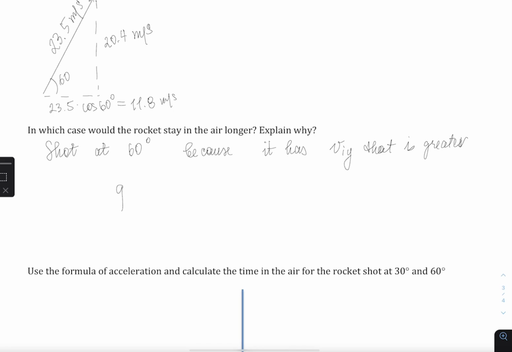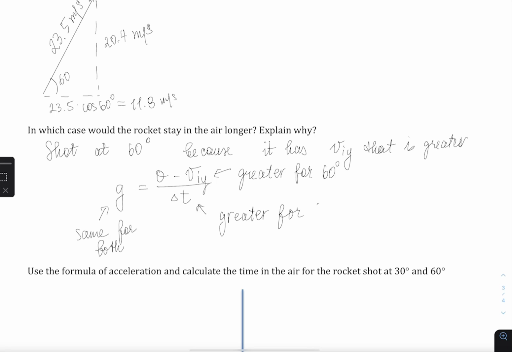And then you can say g equals 0 minus V initial y over change in t, same for both. This is greater for 60. So therefore, time is going to be also greater for 60 degrees.